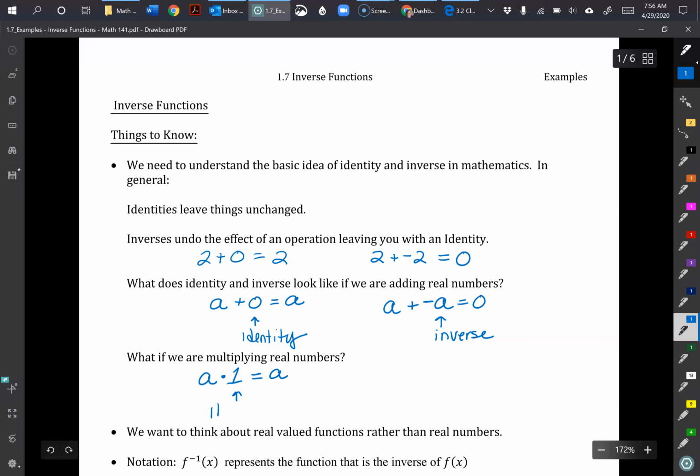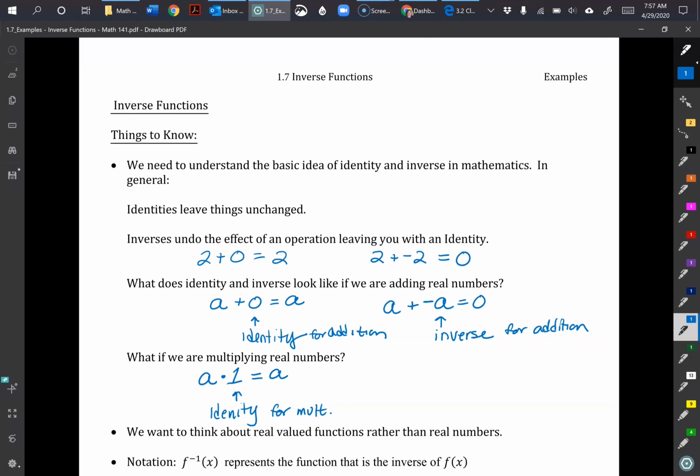We'll write it like that. This one's for addition. That's for addition, okay, just so we're clear, because they'll be different depending on the operation that you're doing, like we'll see when we look at composition.